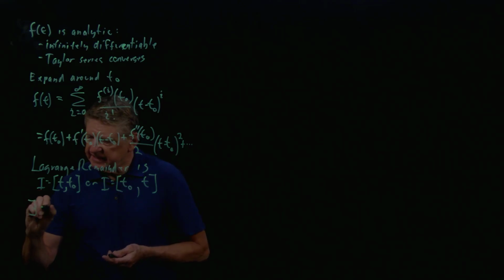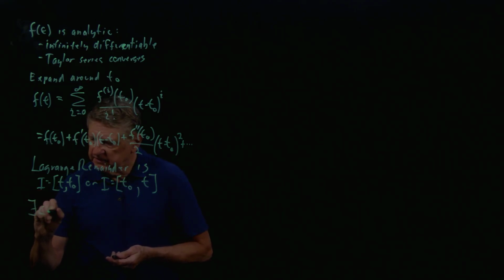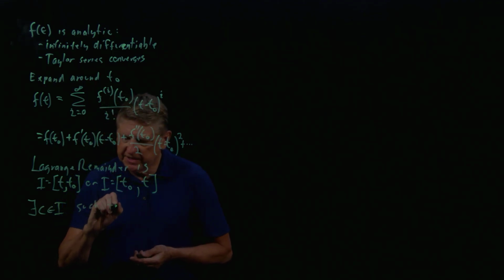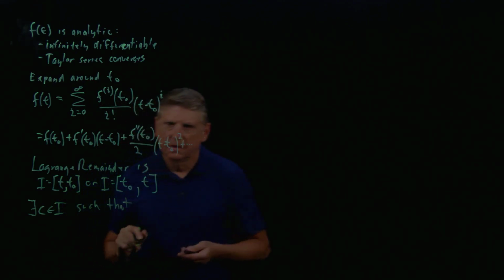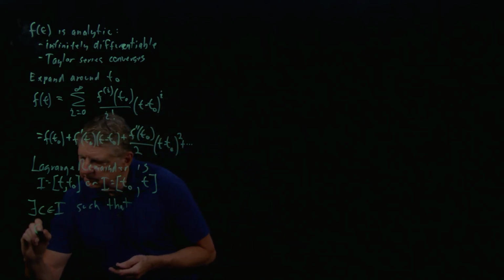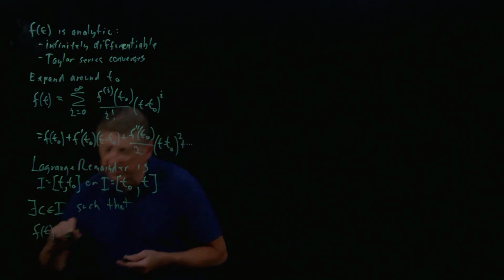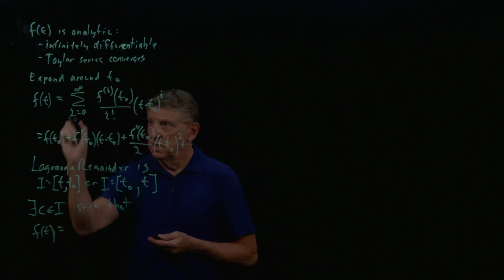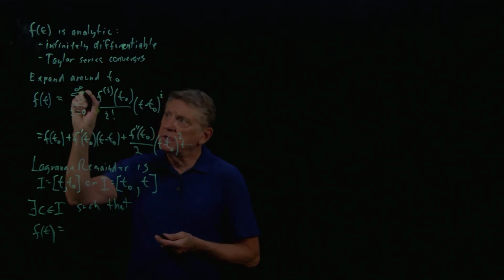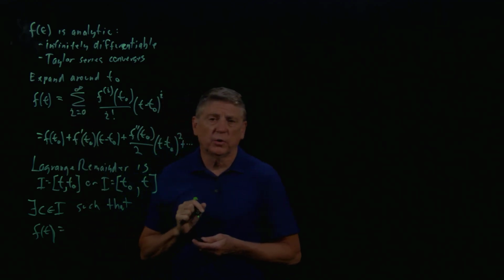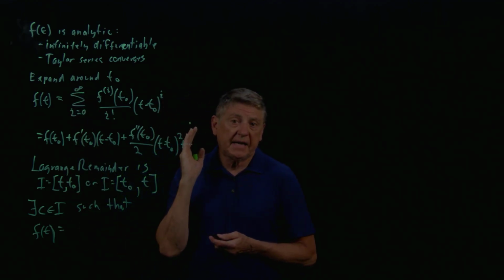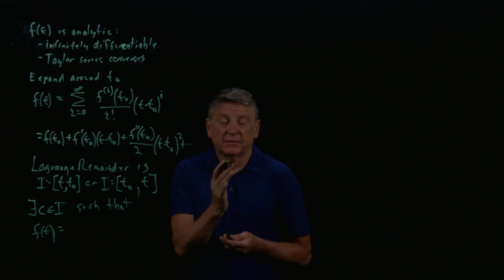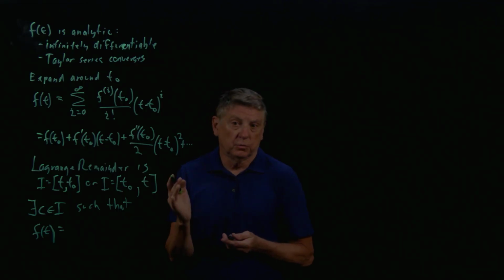there exists a c in the interval such that the function with any scalar argument equals, we rewrite this, but now instead of infinite, we're going to truncate it at k terms, and then the rest of the infinite series is called the remainder.